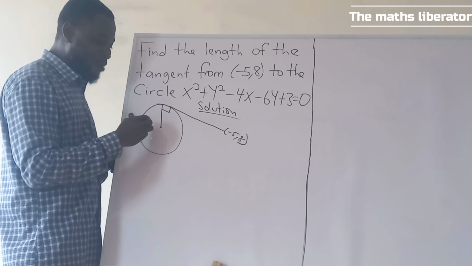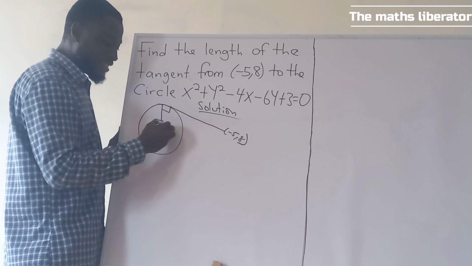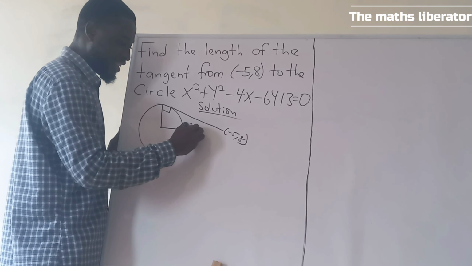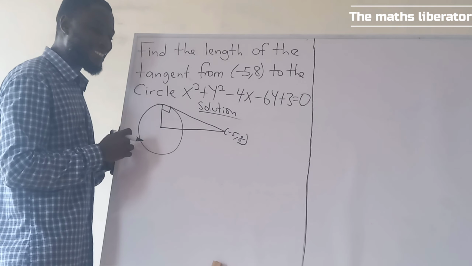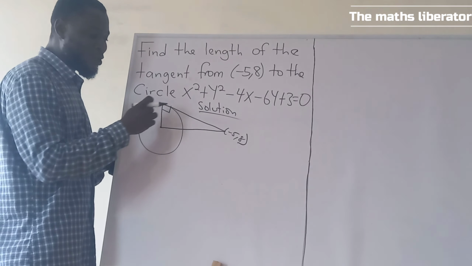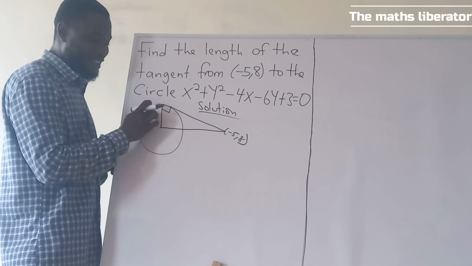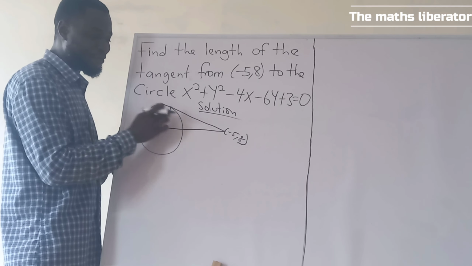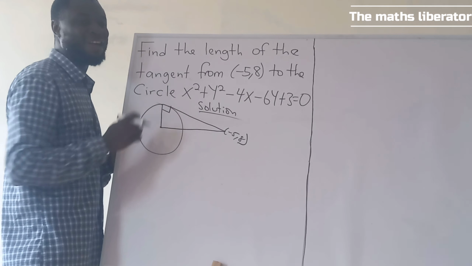So when I join the center to the external point, I form a right angle triangle. Meaning, if I want to find this length, I have to know these two lengths, so that I'll use the Pythagorean Theorem to get the length of the tangent.